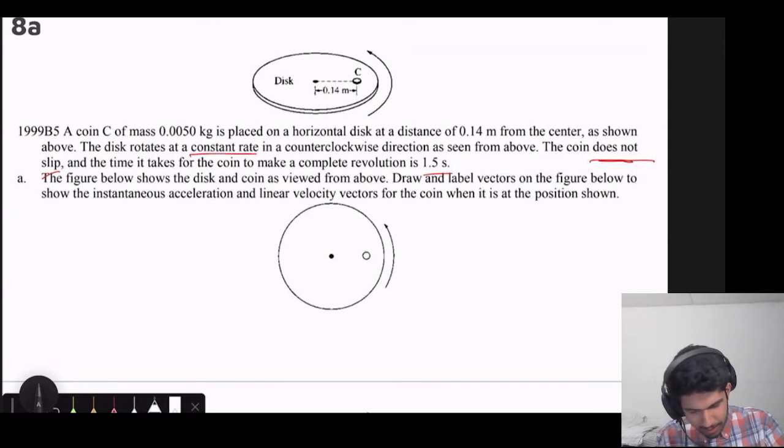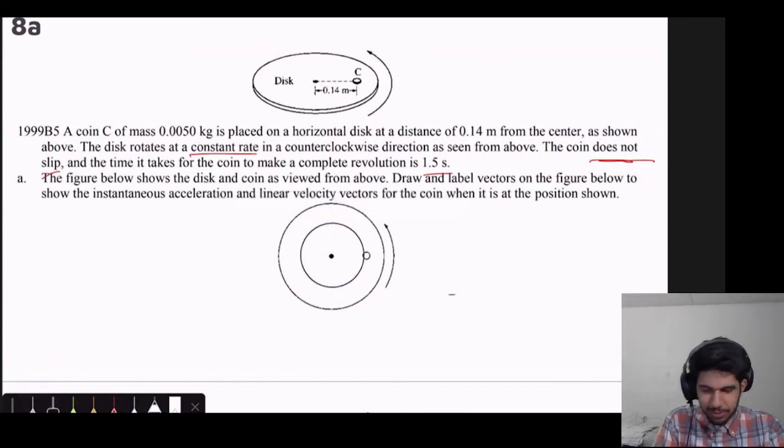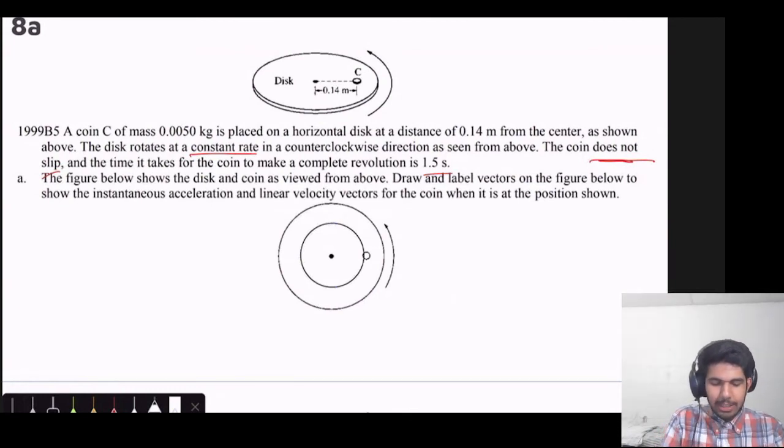Let me just draw a better circle. Something like this. You can imagine what I'm trying to say. So it's traveling on that circular path at the same distance from the center.